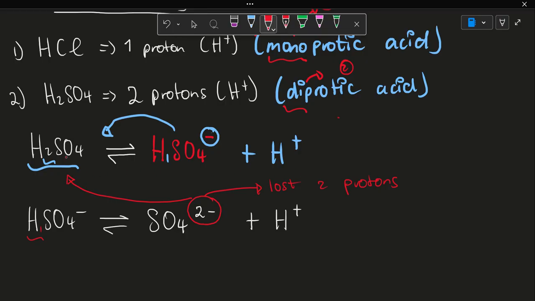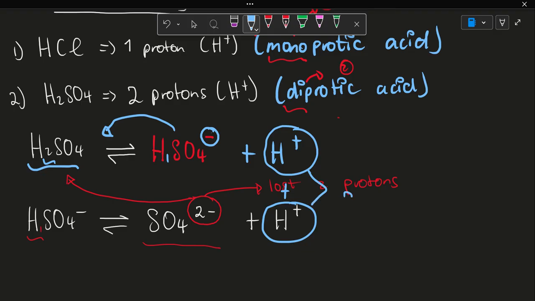So this original guy so far breaks down, ionizes and forms SO4 2 minus, meaning it lost 2 electrons. Sorry, man. So sorry. 2 protons, right? So it loses 2 protons and forms SO4 2 minus. So where are the 2 protons that I've lost? This guy right here plus this guy right here.